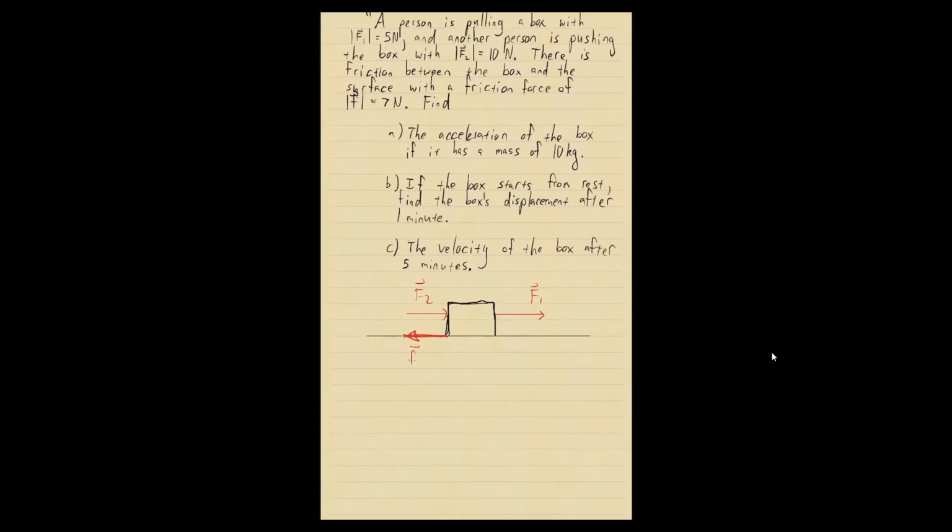This is the first time that we've seen friction in this course. And something I want to say right off the bat is that friction always opposes the intended direction of an object's motion.